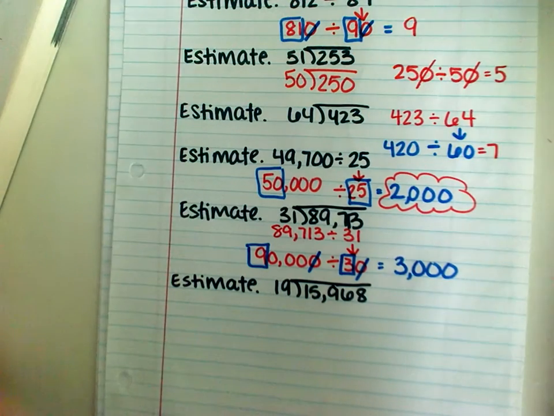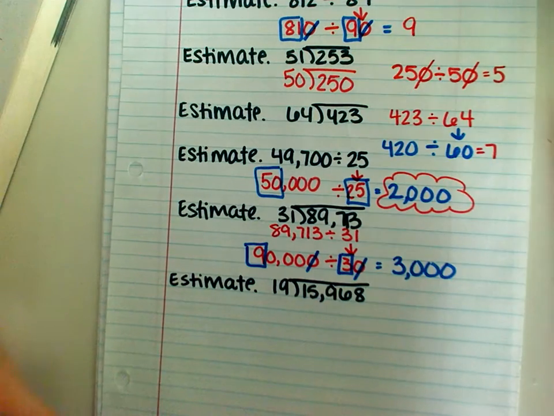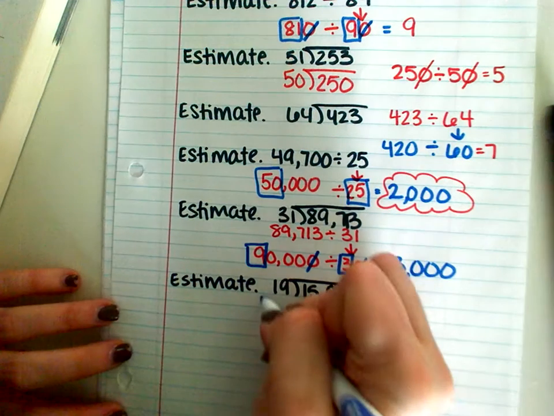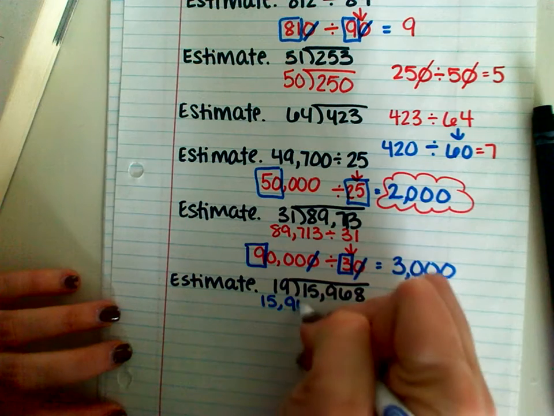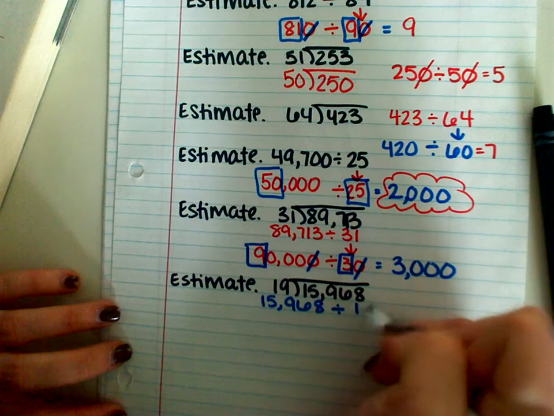And if you want to rewrite it, 15,968 divided by 19.